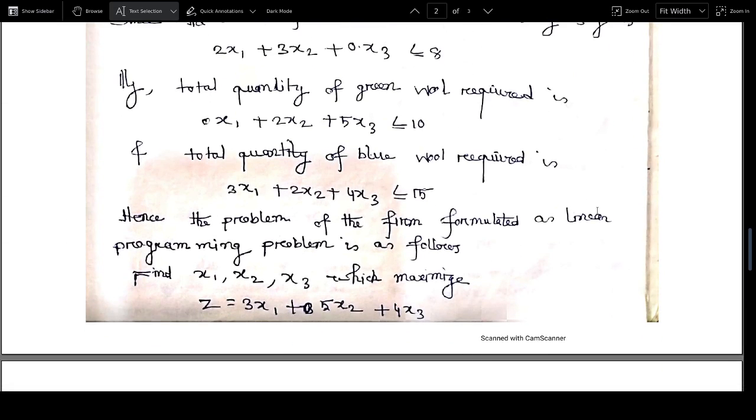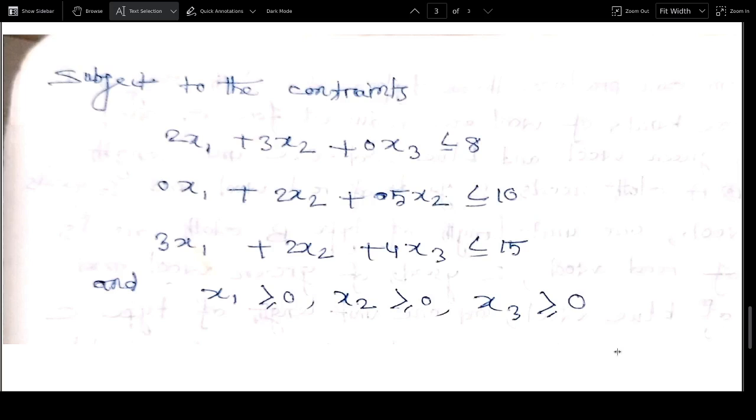Which method, Arif? Method to find the values of x1, x2, x3.